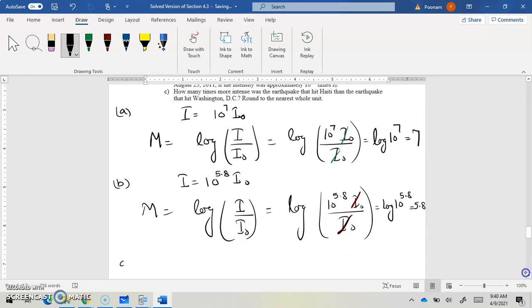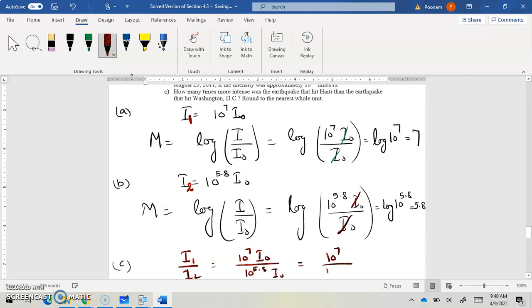How many times more intense was the earthquake that hit Haiti than the earthquake that hit DC? Let's name these I1 and I2. So we have to divide I1 by I2. That means 10 raised to the power 7 I naught divided by 10 raised to the power 5.8 I naught.